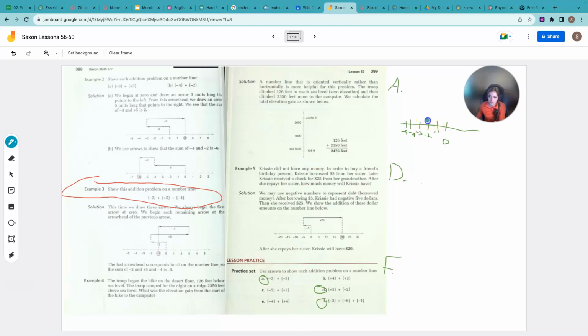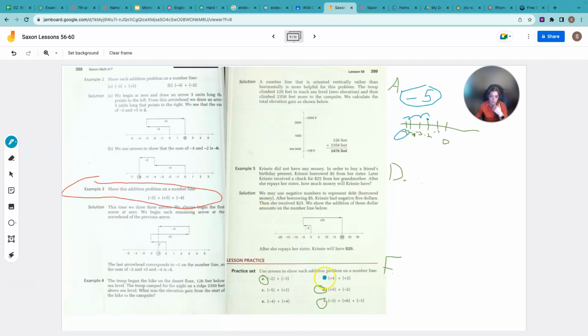We're starting at -2, and we're adding -3. So we really have to think about this for a second. You're adding -3. Because it's -3, we're moving in a negative direction, which would be to the left. So, let's go -3 to the left. 1, 2, 3. So what's our answer to that problem? It is -5.